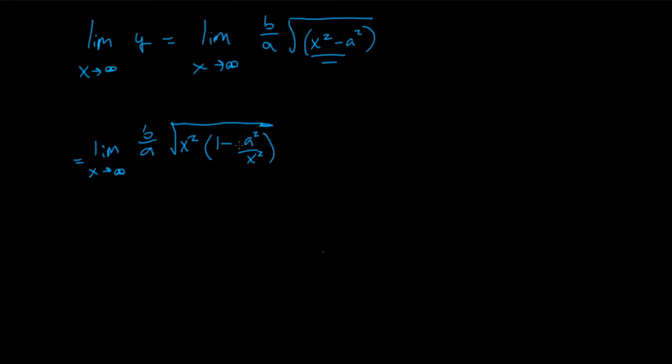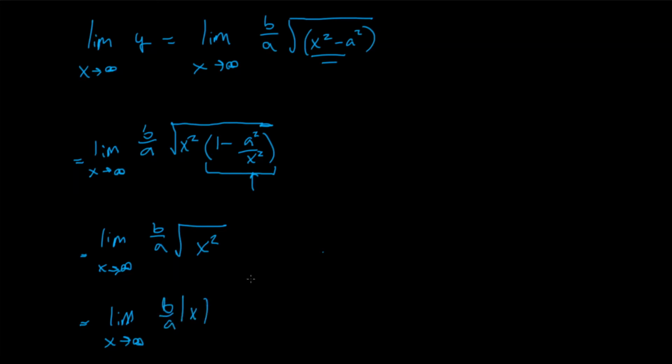The reason I did that is that as x goes to infinity, this term, a squared divided by x squared, is getting super duper small. So 1 minus an infinitesimally small object is going to be 1. So this whole thing is equal to b over a times the square root of x squared, which is the limit as x goes to infinity of b over a times the absolute value of x.